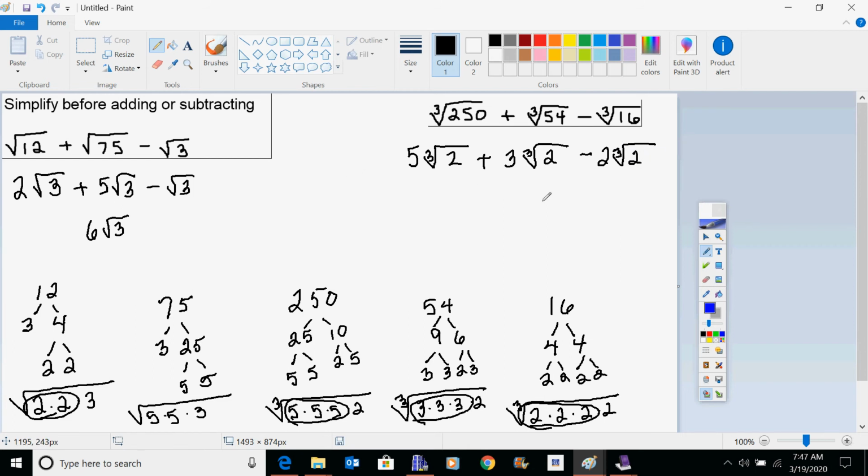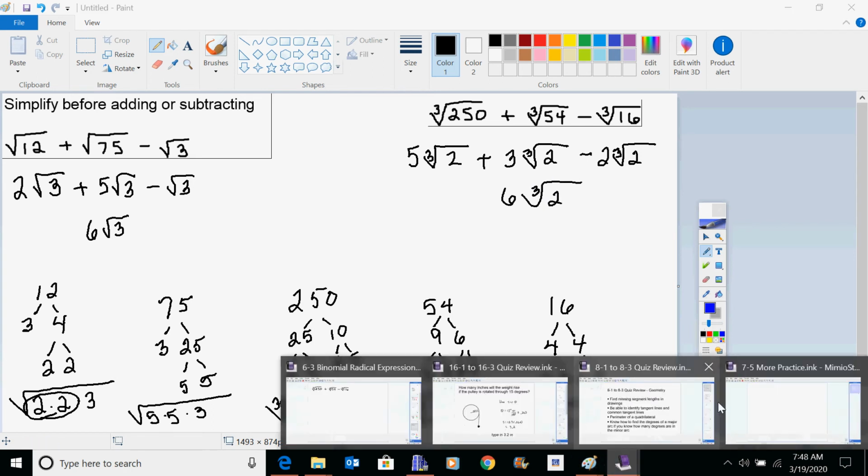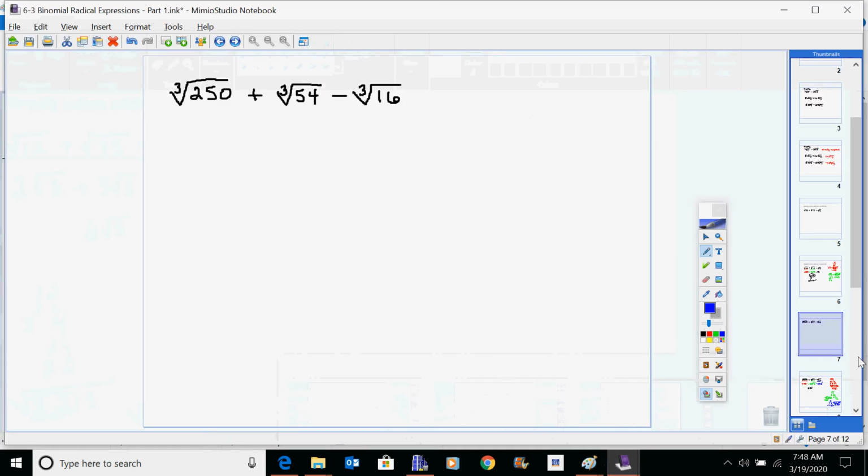And now you've got the terms that are like 5 plus 3 is 8 minus 2 is 6. And that would be how you would simplify and solve that one.